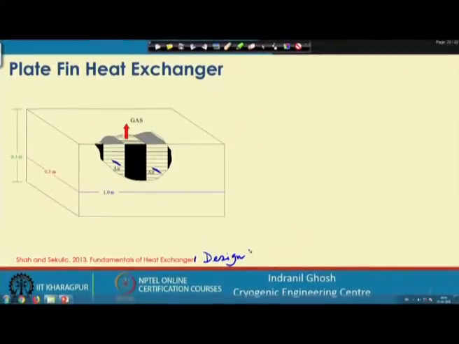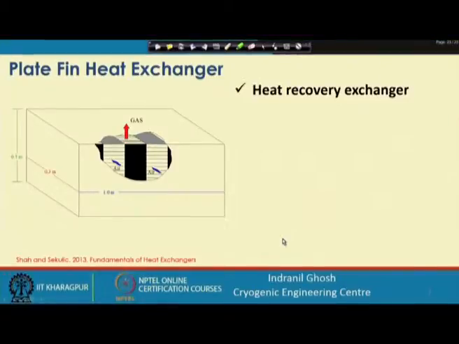In this problem, the overall dimensions of the heat exchanger have been given. But before that, let us look into the other parameters that have already been told. This is basically a heat recovery exchanger, where the gas and air will be exchanging heat.